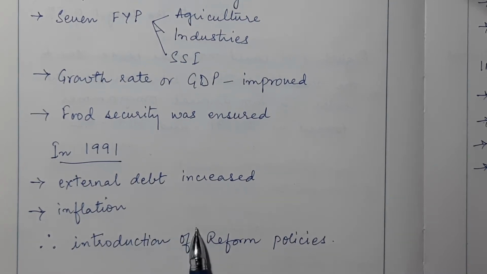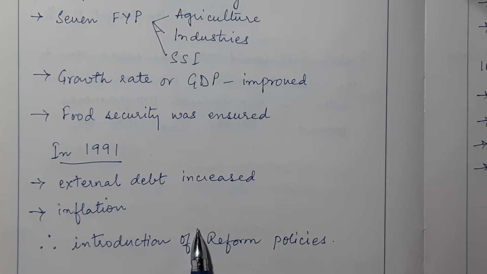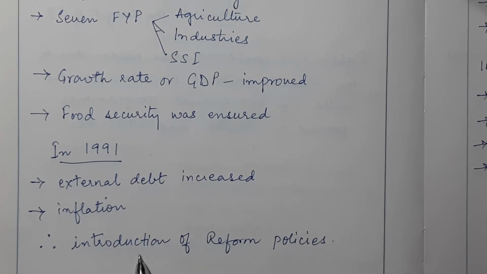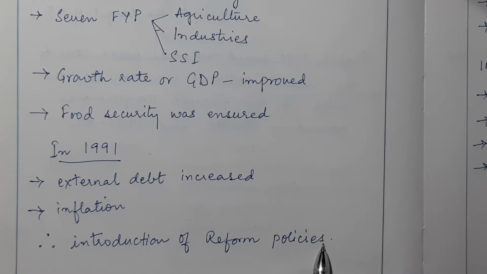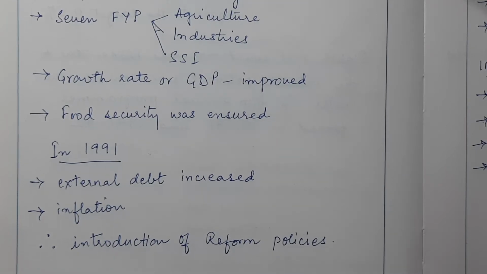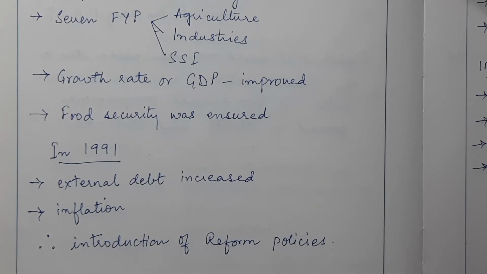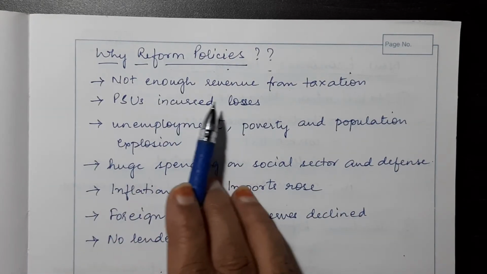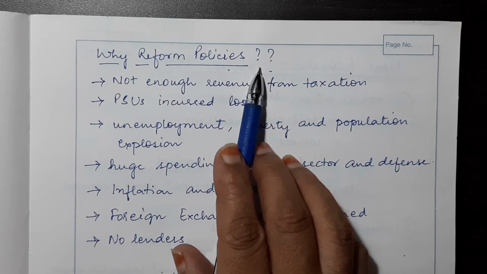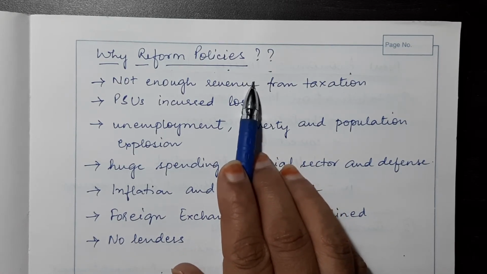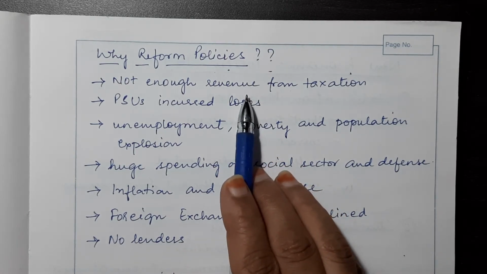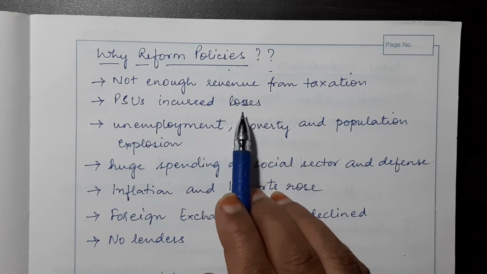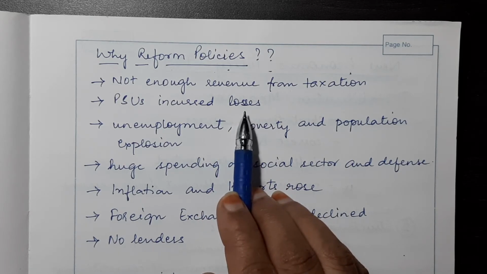So this led the government to introduce a new set of policies, that is the reform policies of 1991 or the new economic policy of 1991. What was the reason for these reform policies? Why reform policies? Not being able to repay the loans that we had taken from the external world.